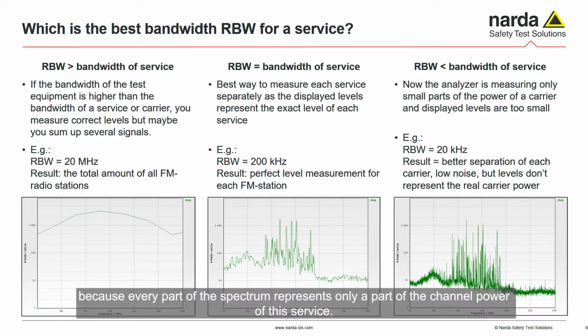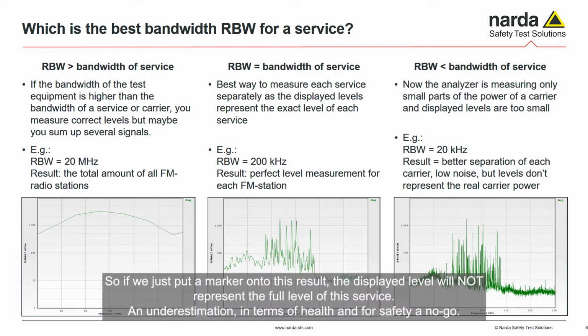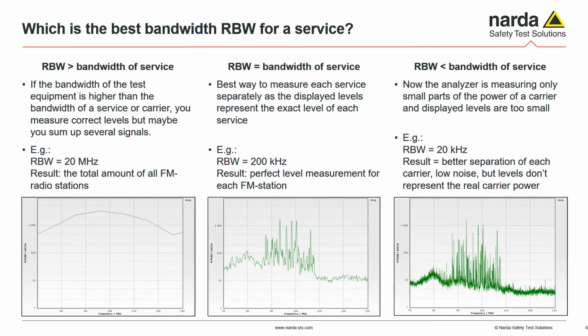Clear, because every part of the spectrum represents only a part of the channel power of the service. So if we put a marker onto this result, the displayed level will not represent the full level of the service. An underestimation. In terms of health and safety, an absolute no-go.